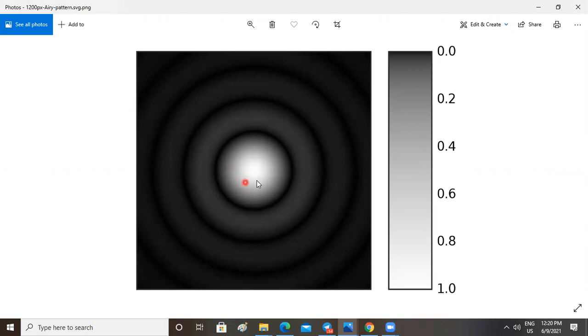Then this is the first minima, second minima, third minima. Between these successive minima, we get secondary maxima. These maxima are known as Airy's rings. This is the diffraction pattern observed when we use a circular aperture.